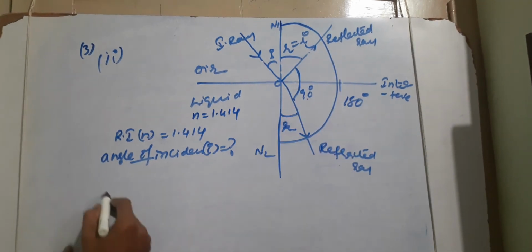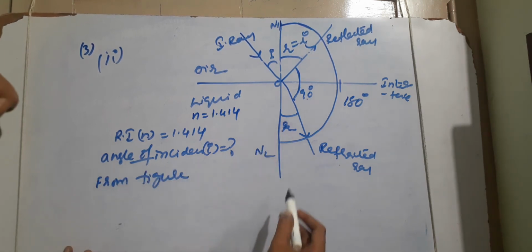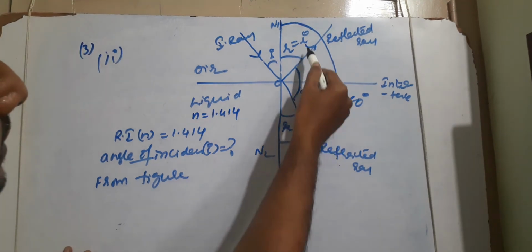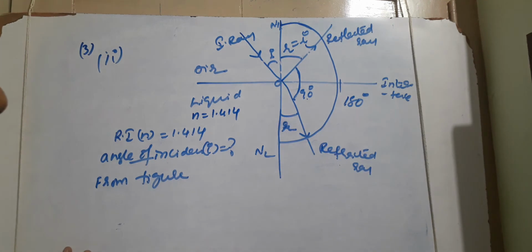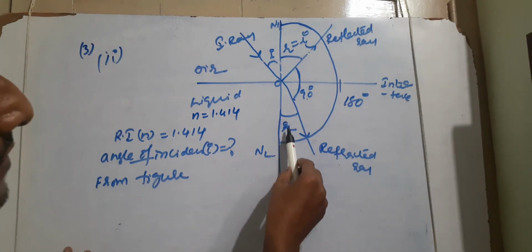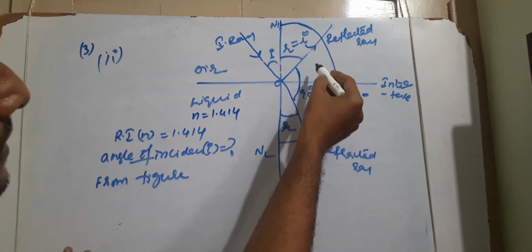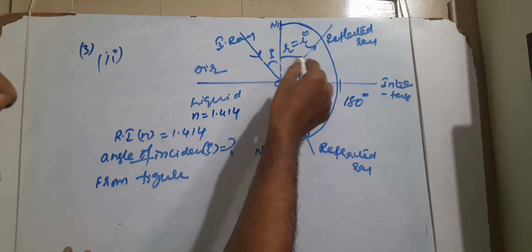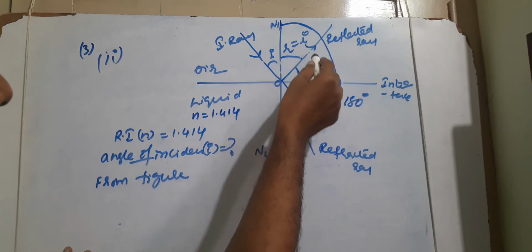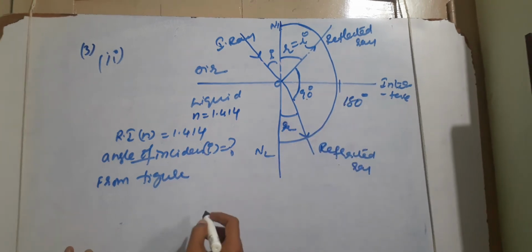From the figure we can write R plus 90 plus I is equal to 180 degrees. You can see here the angle of refraction, this is 90 degrees, and this is the angle of incidence, which is equal to the angle of reflection. So this plus this equals 180 degrees.